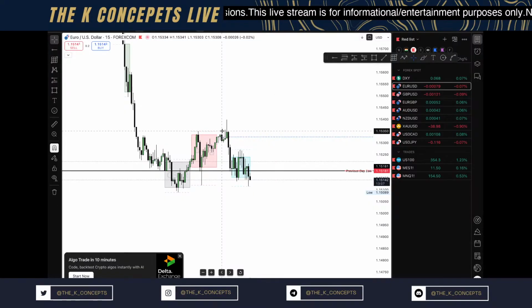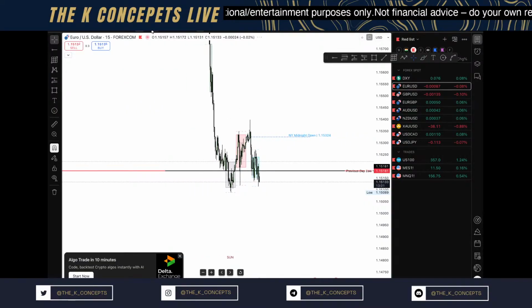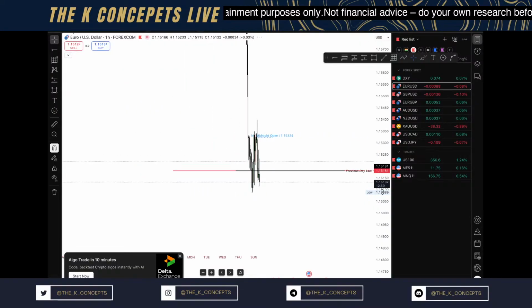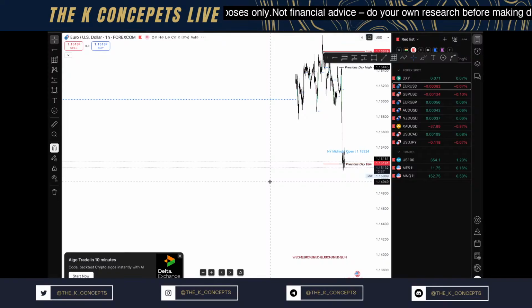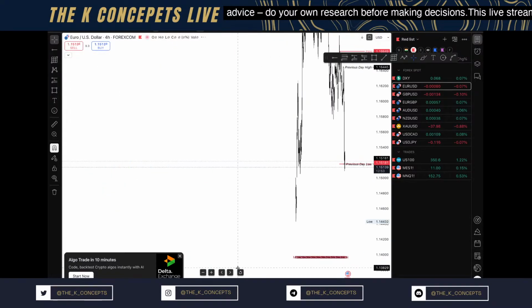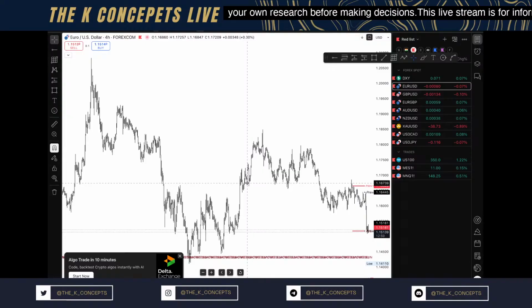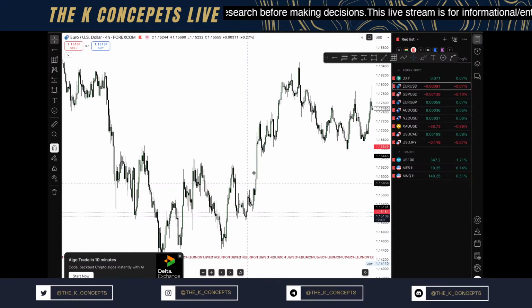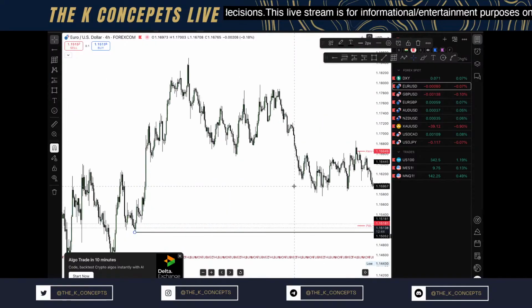Since it took the Asia low and got a change of character, this breakup entry, it might go for the next liquidity, taking out these lows. I'm expecting this liquidity to be taken out.